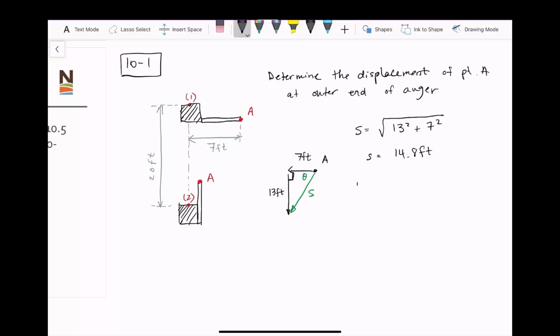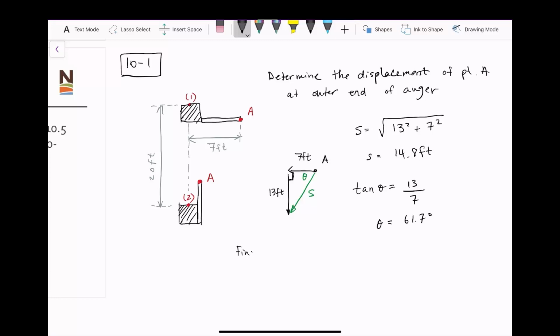If we then say that tan theta, remember tan is the opposite, so that would be 13 over adjacent, which would be 7, then we would find that theta is equal to 61.7 degrees.